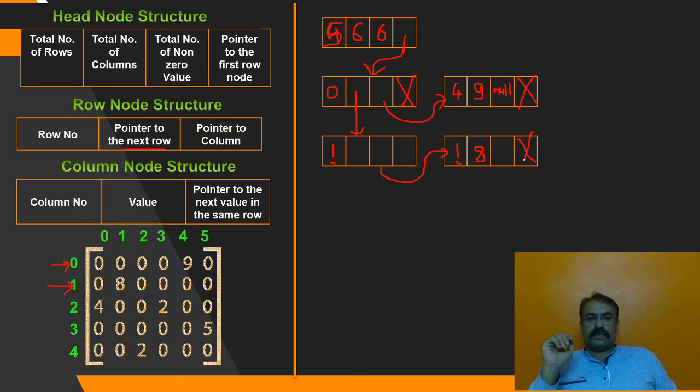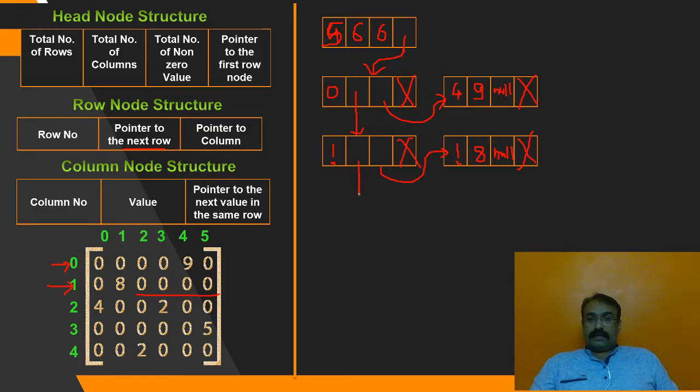This field is unnecessary. And now what will be its pointer field? Does it have any non-zero element further? No. So this will also be made as null. Are you getting me? So this way we are going to build up the list for every row separately.